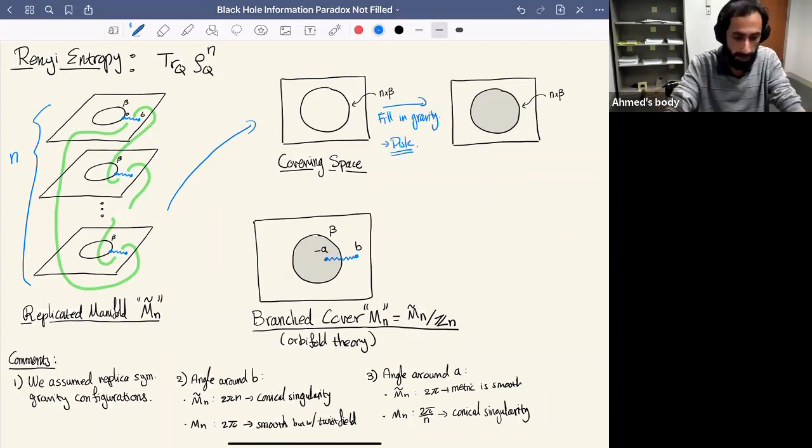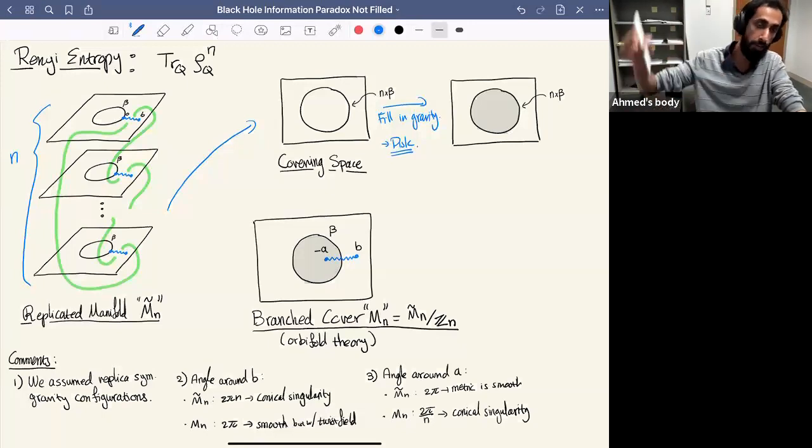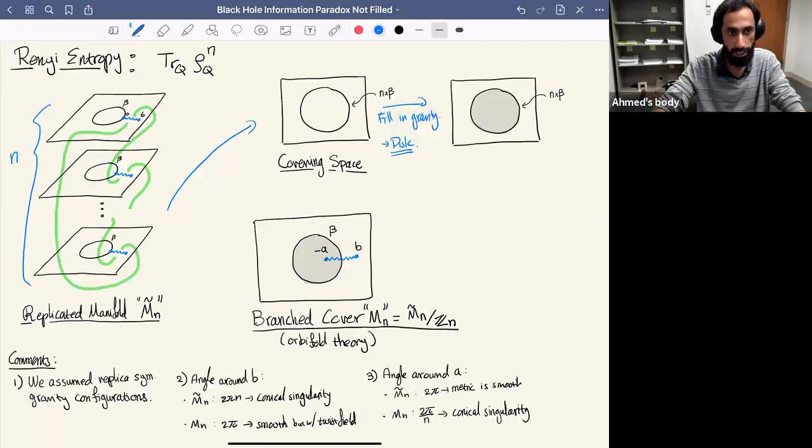Some might object and say, but hang on, wasn't the disk the thing that gave you the semi-classical answer at the very beginning that was quote unquote wrong? Well, this is a different disk. This is a disk where the length of the boundary of the disk is n times beta. It's not just beta. Okay, so that's just a comment.